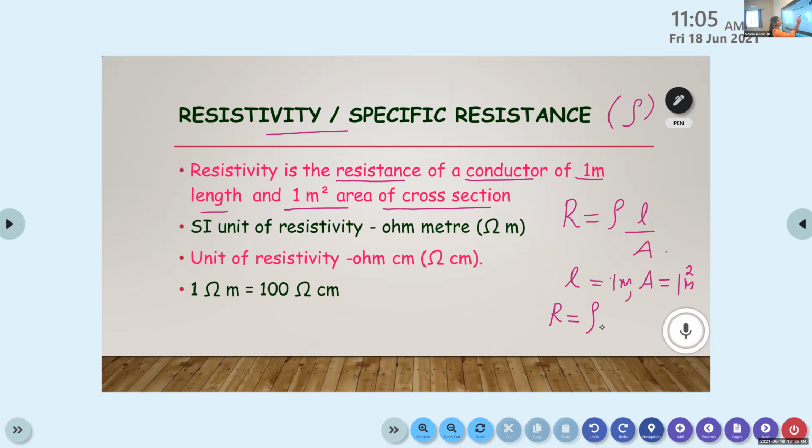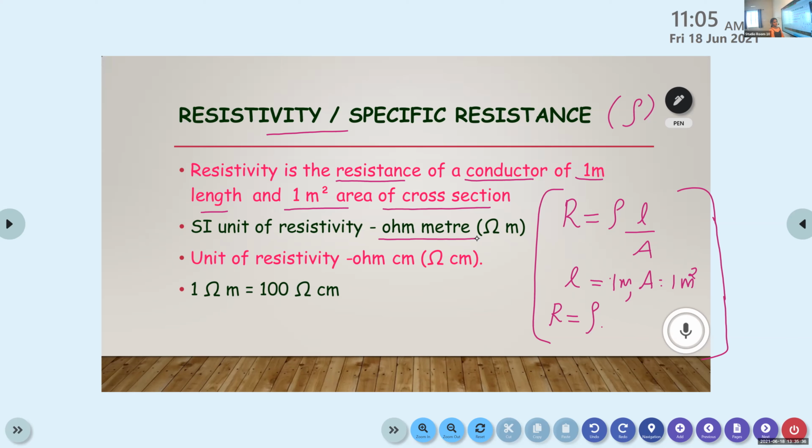You can also write this equation. Resistivity is the resistance of a conductor of 1 meter length and 1 meter square area of cross section. Then the SI unit of resistivity is ohm meter.